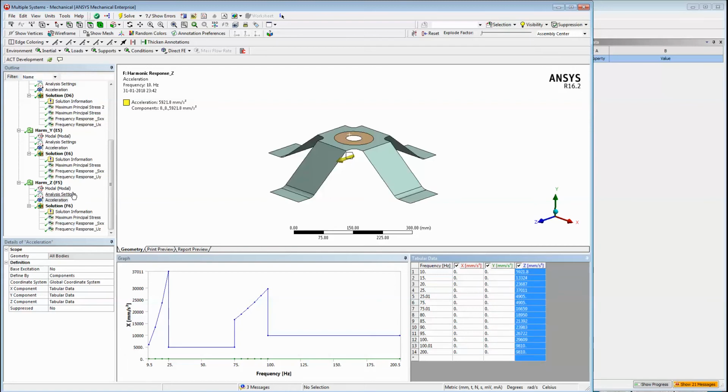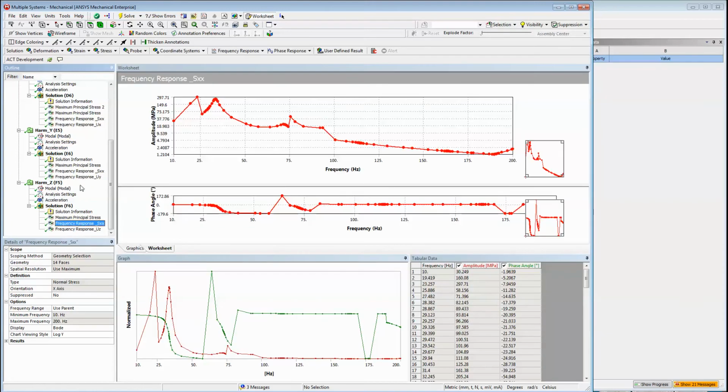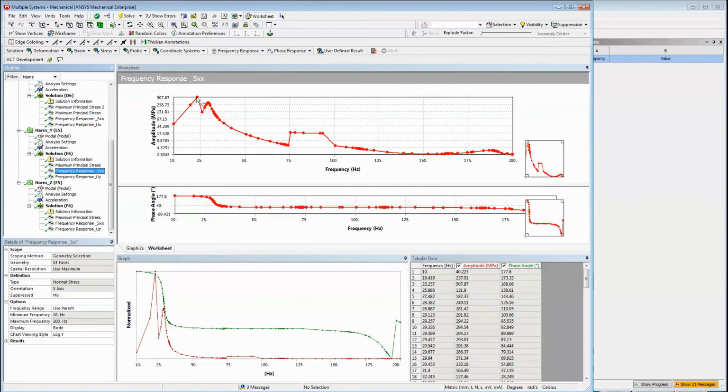Okay. And also it's important to consider the damping. I assumed a typical value of 5% damping. This is very important. Otherwise at the resonance point, you will see the stress amplitude going very high. Okay.